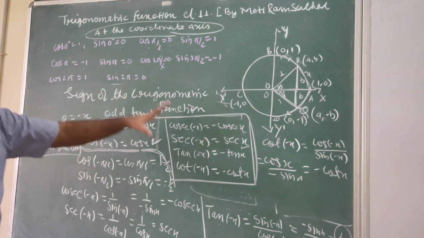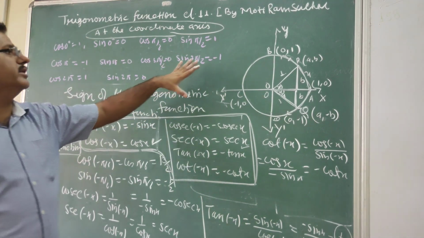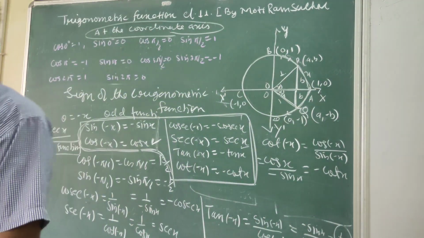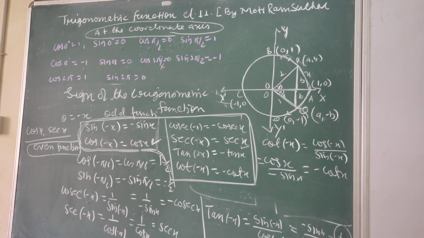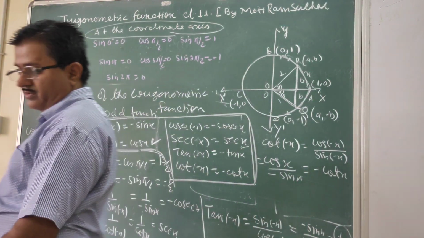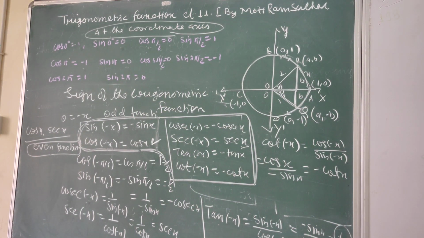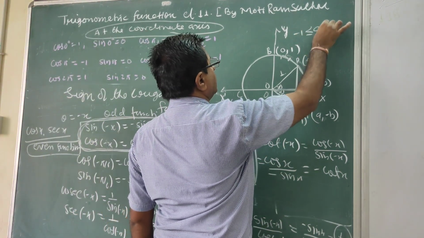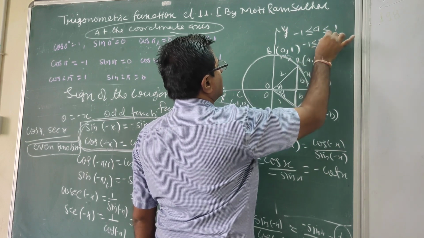Now we already know two things: how to find the value of the trigonometric ratio at the coordinate point for any angle, and secondly, how to find the sign of the trigonometric functions for any value of x. Which one is positive or which one will be negative can be found. So now here one more important thing. As the value of a and b lies between -1 and +1.